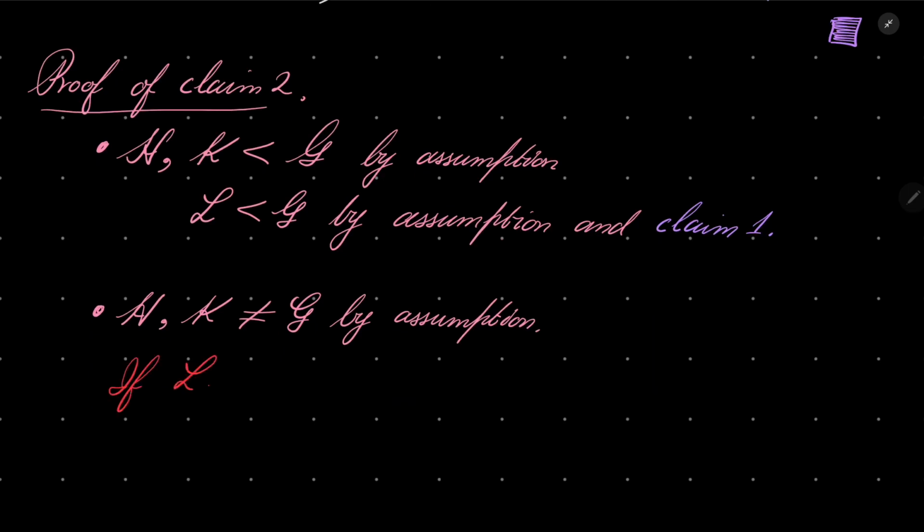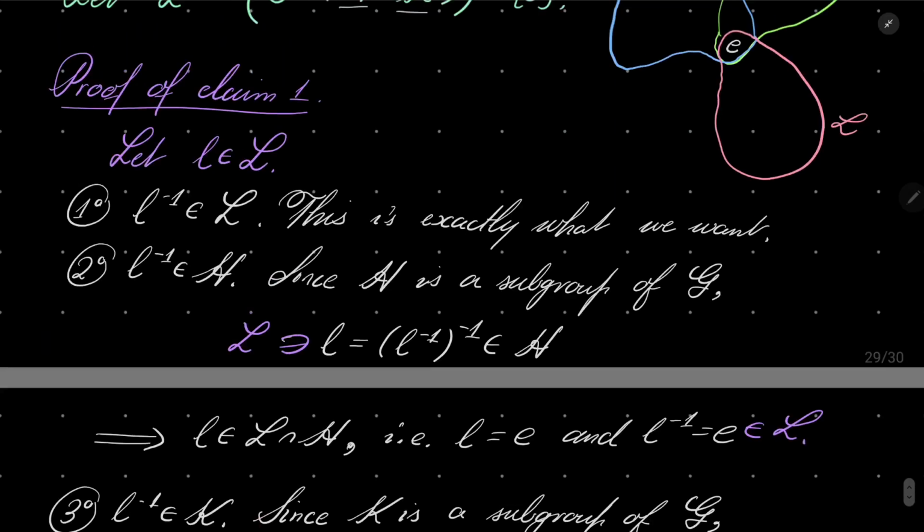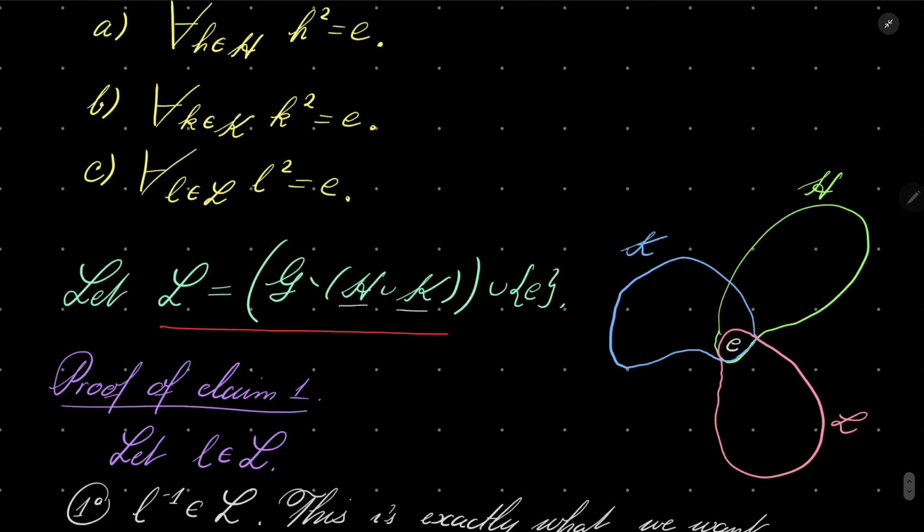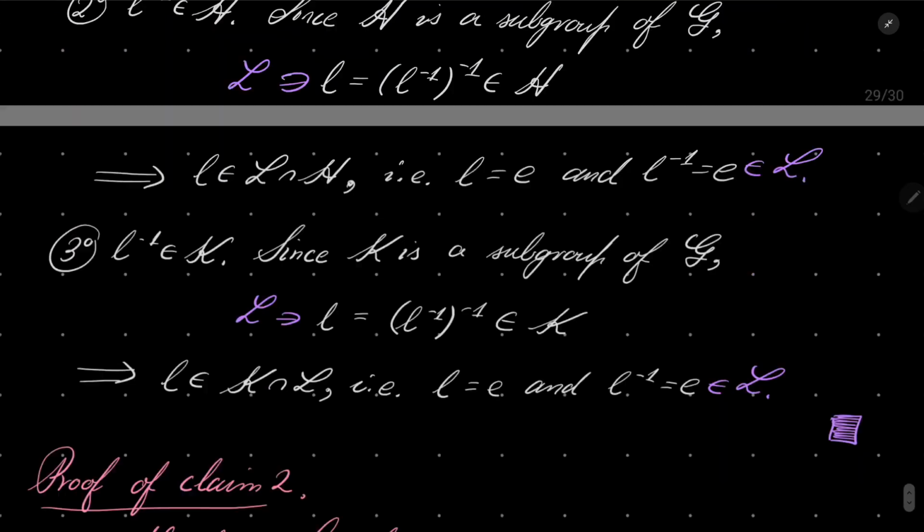If L equals G, let's go back to the definition of our group L. L is G minus H union K union E. Well, that is only possible if both H and K are trivial. It's the only possibility for which L is our entire group G.